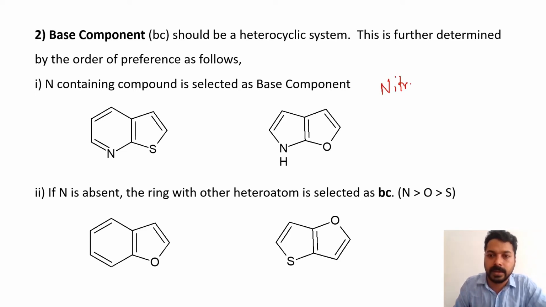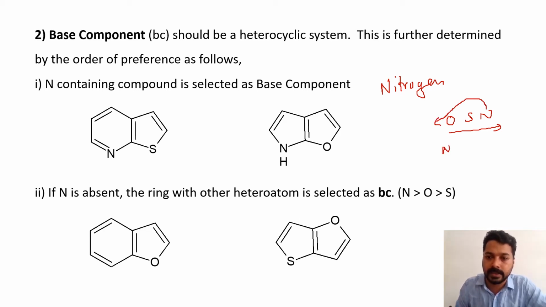In other cases, we have explained that the order of preference is oxygen, sulfur and nitrogen. But here, for selecting the base component, the order is not this one. The actual order is nitrogen will come first, then oxygen, then sulfur.